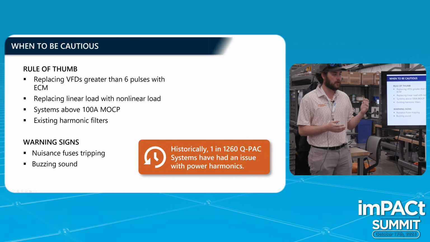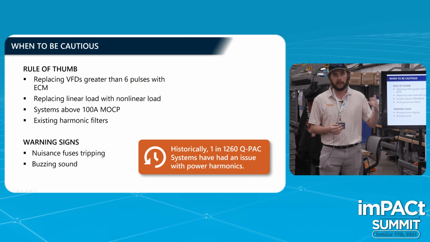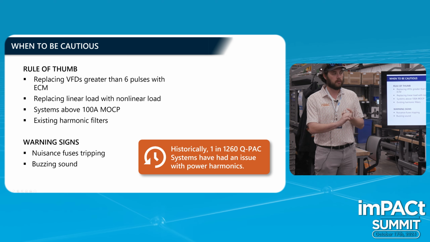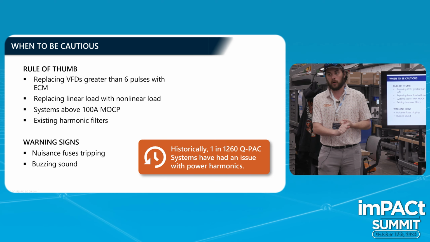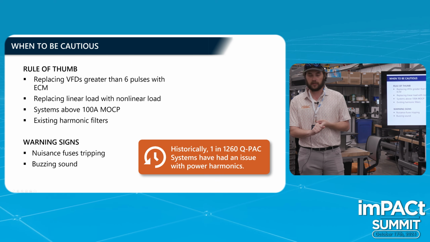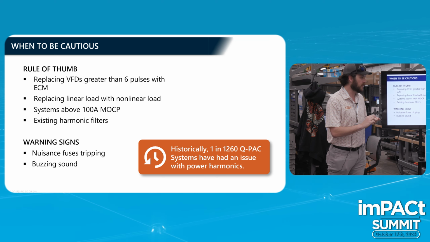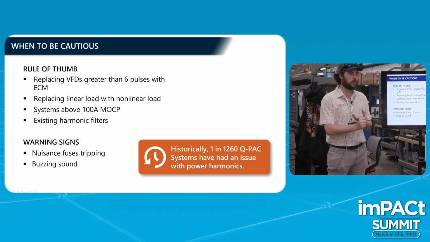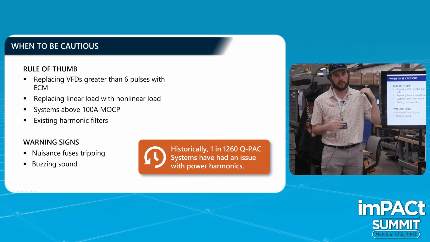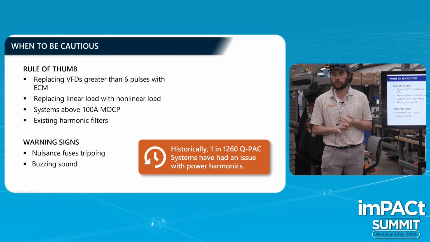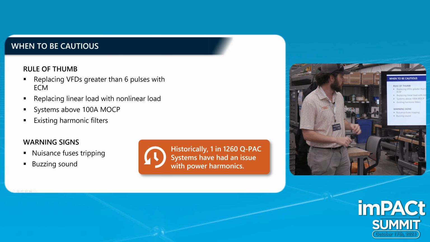If the drive that you're replacing is a 12- or 18-pulse, then usually the building put that there because they were having harmonics issues before, so they went with a low harmonic drive previously. Our system will then generate more harmonics than what they have now. So generally, if you see an 18-pulse, you should be alert and be thinking about potential harmonics mitigation solutions.